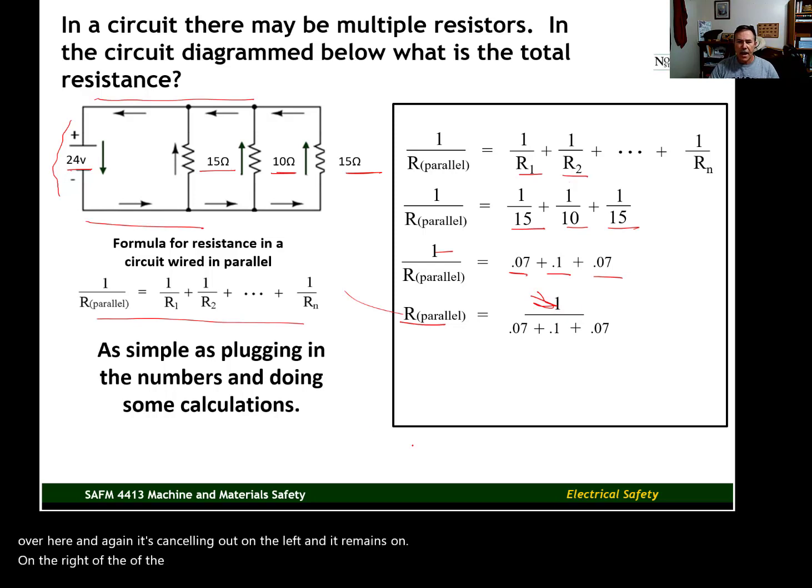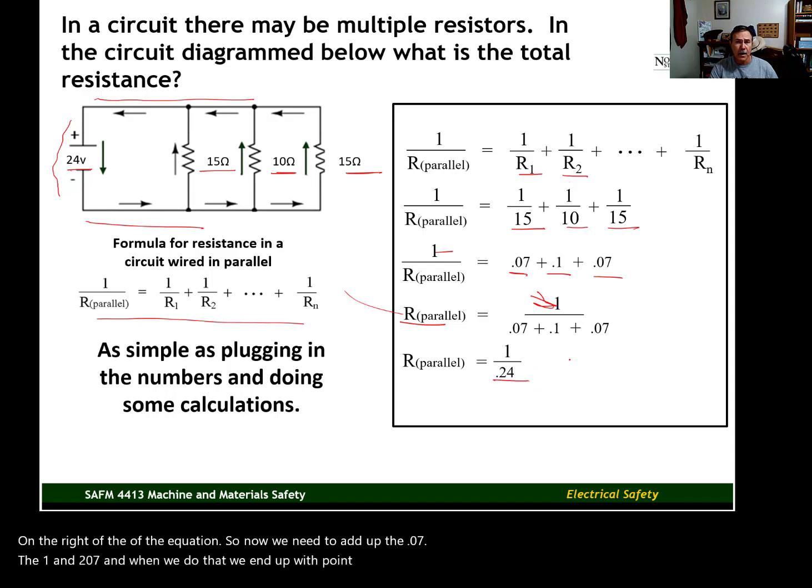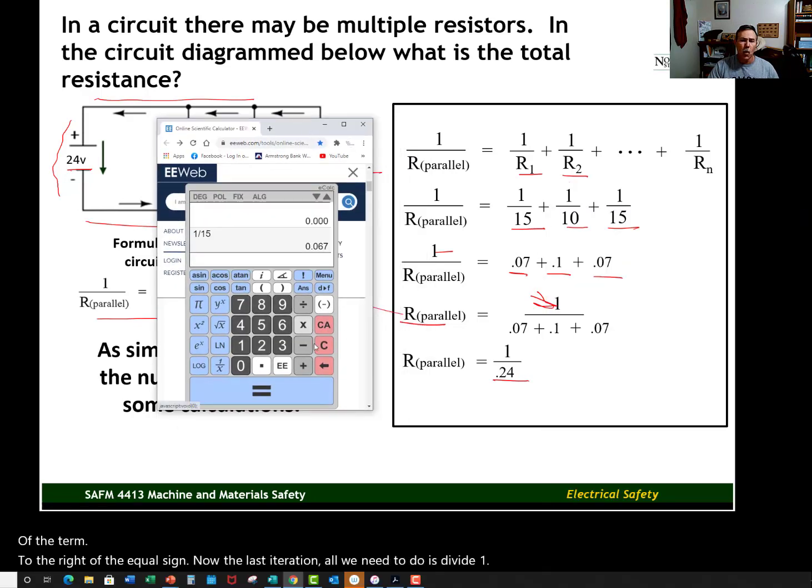So now we need to add up the 0.07, the 0.1, and the 0.07. And when we do that, we end up with 0.24 in the denominator of the term to the right of the equal sign. Now the last iteration, all we need to do is divide 1 by 0.24.